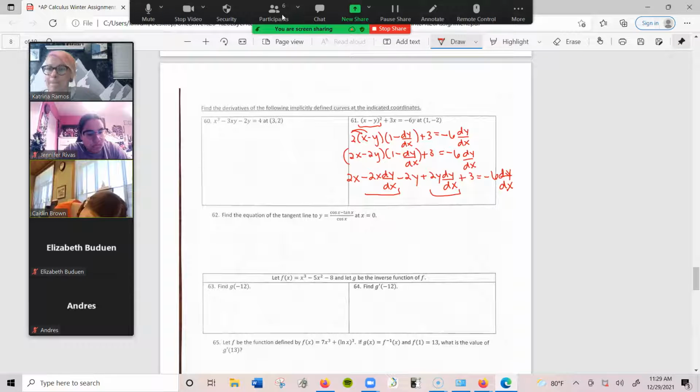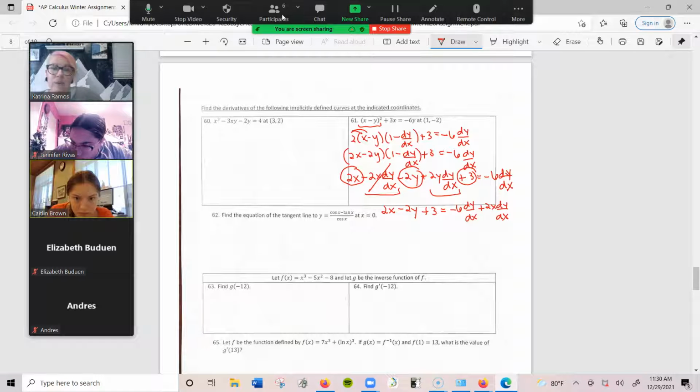So on the left, what I have is this 2x minus 2y plus 3 is going to equal, on this side, the negative 6 dy dx. I'm going to add the 2x dy dx to the other side, so that way I can cancel it out from this side. So plus 2x dy dx.